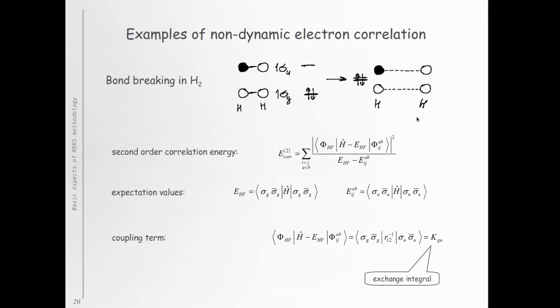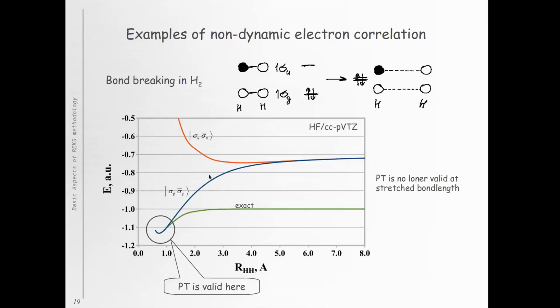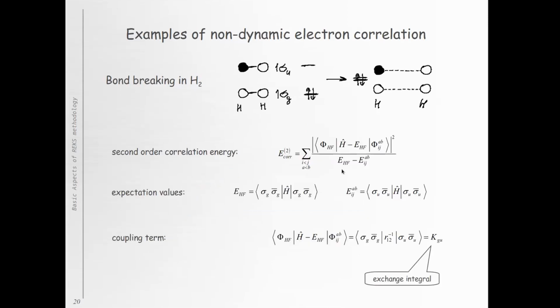As you see, this represents the Hartree-Fock configuration, and this represents the doubly excited configuration, and their energies become equal. Because of this equality, the denominator vanishes and the whole perturbation theory simply blows up.